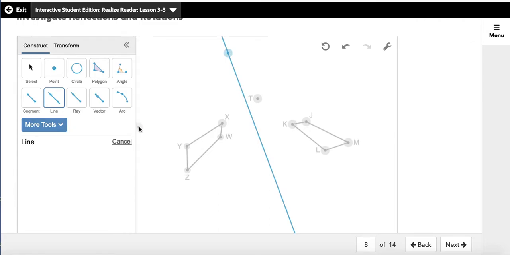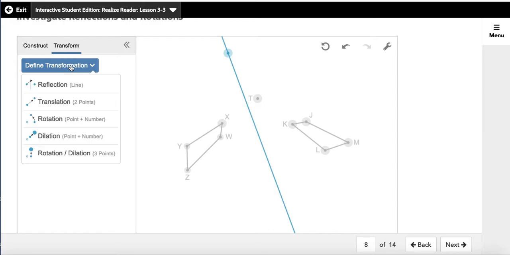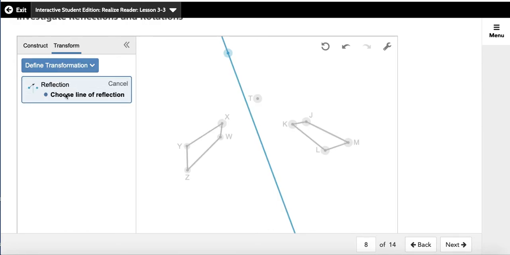All right, now I want to reflect that, and that is a transformation. We can reflect things about a line. Choose a line of reflection. There's my line of reflection, and I want to do that segment right there, and that segment right there, and there, and there.